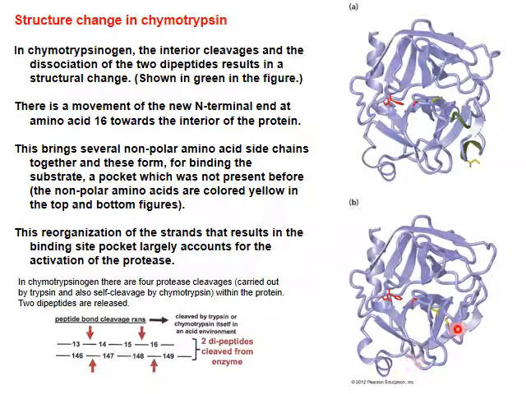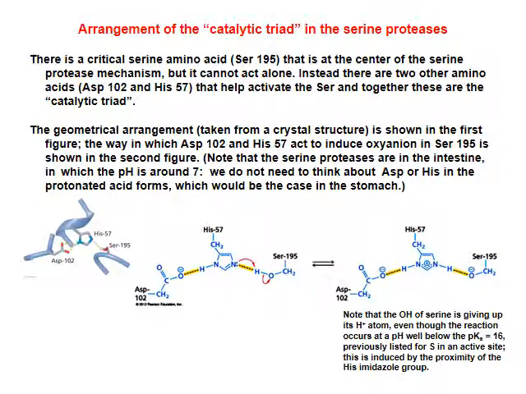Now we're going to look at how, when substrates bind chymotrypsin, they cleave proteins into peptides. Those three red residues are these three residues here. The numbers will vary based on the organism and the protease, but all serine proteases have this catalytic triad: an aspartic acid, a histidine, and a serine.